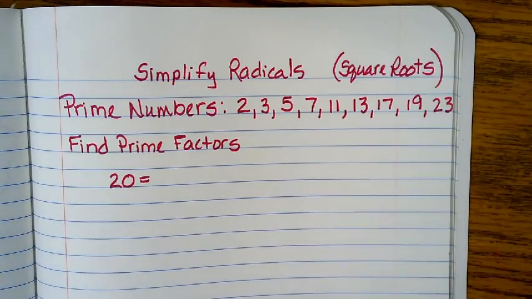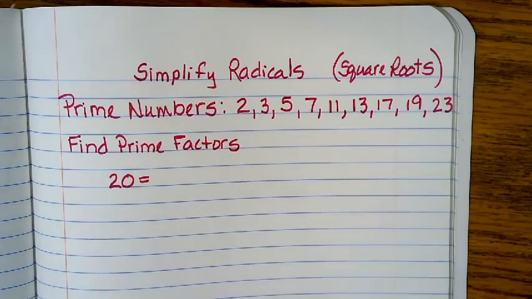Does that sound familiar? Or a factor ladder. Now they're both basically the same, but I want you to try using the factor ladder. The reason is that when we go into simplifying radicals, it makes simplifying the radicals easier. So let me show you how we do that.